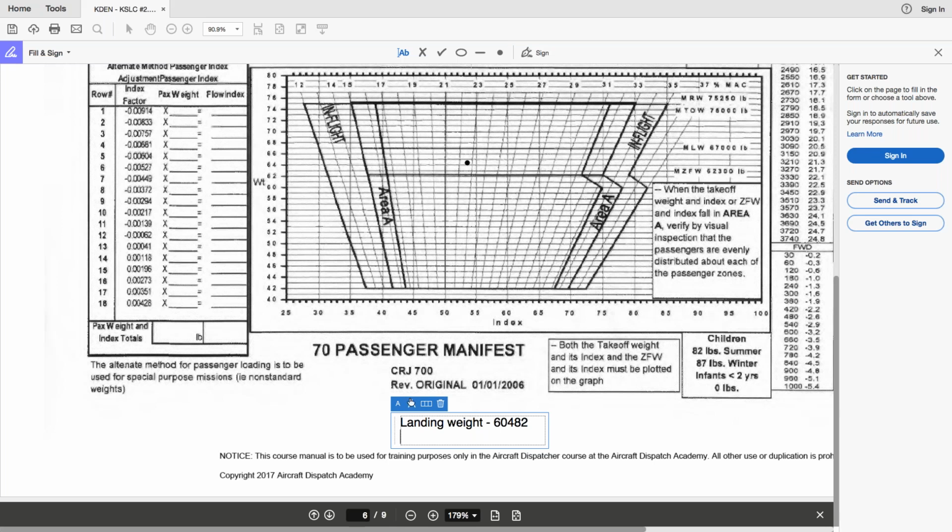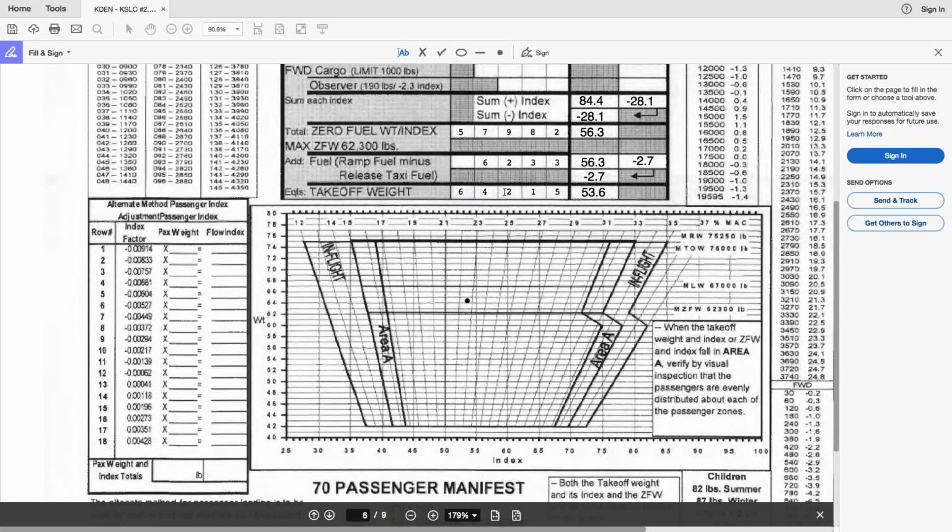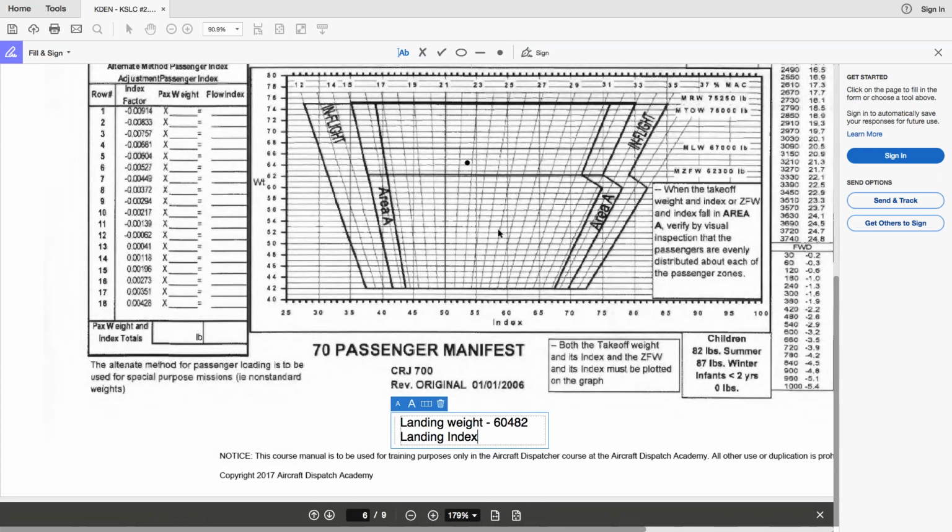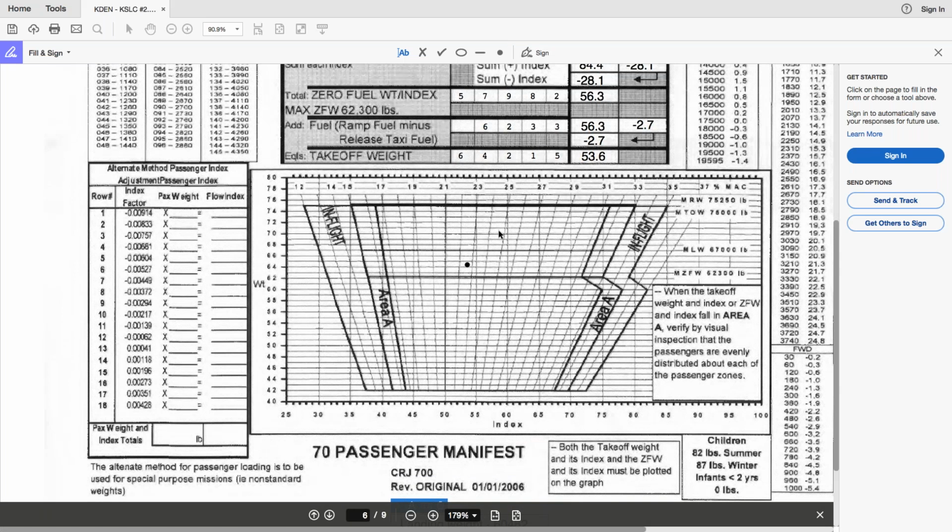Okay. So our landing index now changes from 53.6 since our weight was different. What do we use the landing index for again? Just to make sure that when we land, I mean, you don't have to put this down.